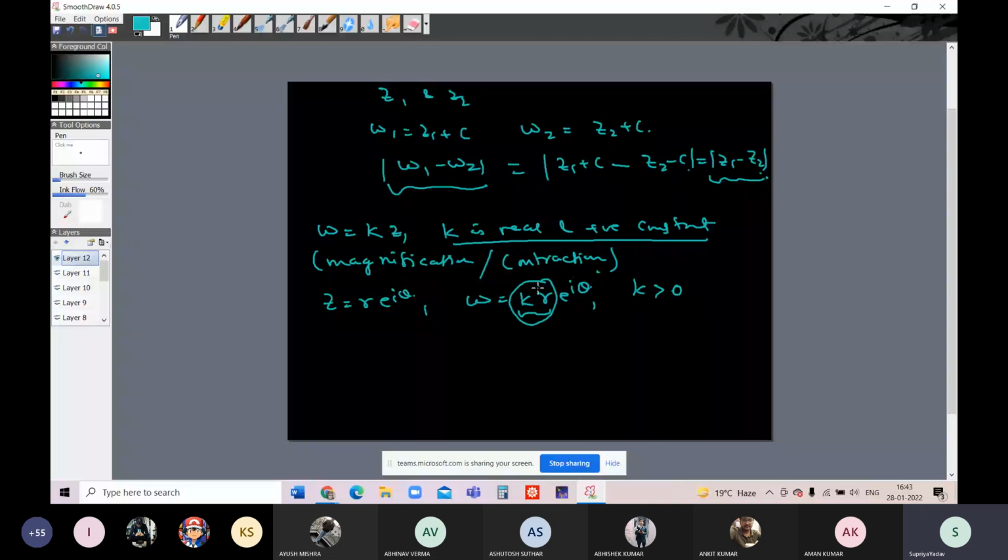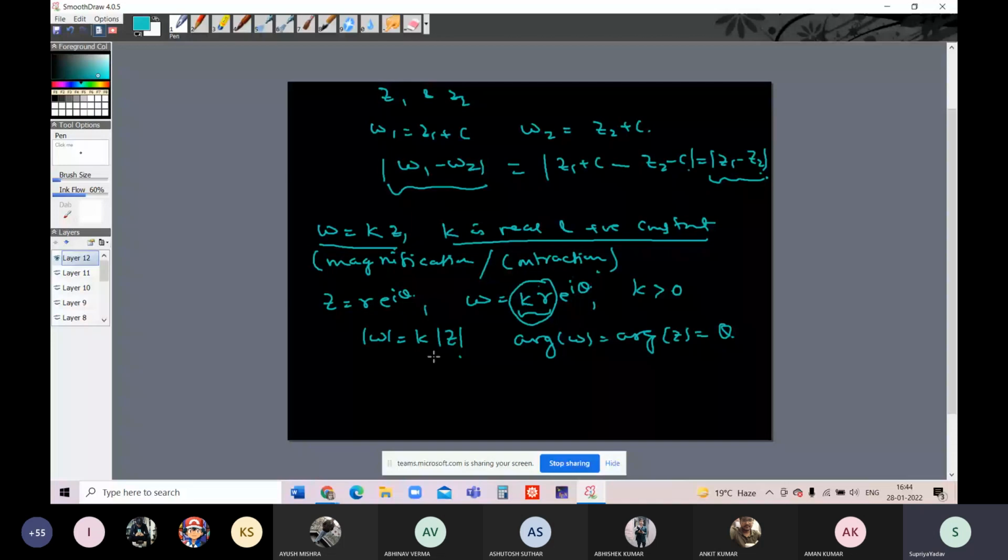Mod of z is r, mod of w is k times r. So this is k times mod of z. And the argument of w and the argument of z is the same, which is theta here. It means that it only magnifies or contracts the original figure or region in the z plane when we take the image of this region under this map.